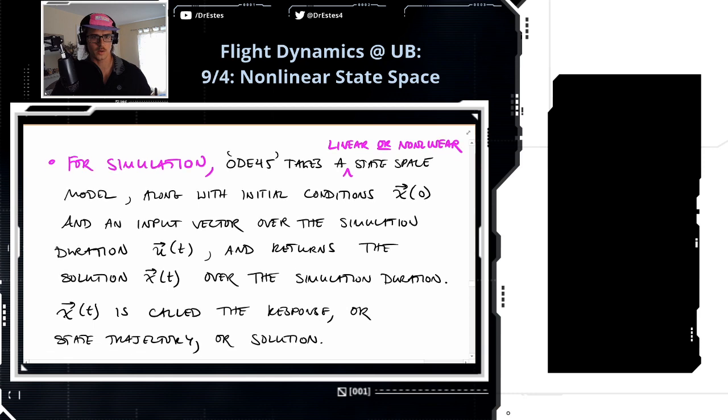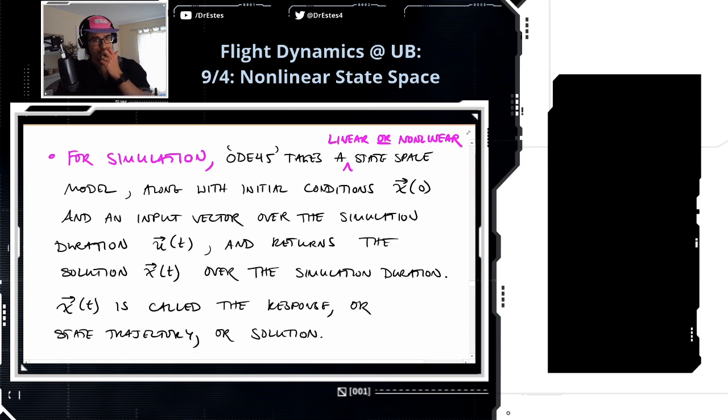Okay, a quick note about simulation, and then we're going to get to an example of ODE45 at the end of today after we do an example. When we do simulation of aircraft or whatever system, a nice tool in MATLAB is ODE45. It can take a linear or a nonlinear state space model.